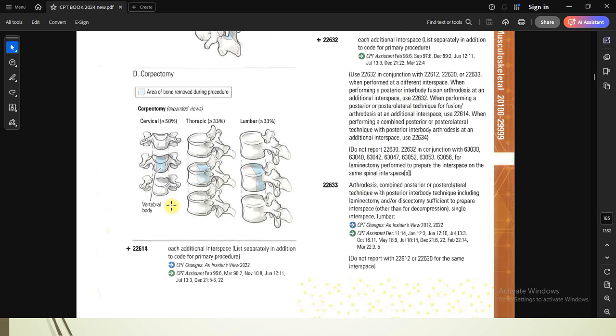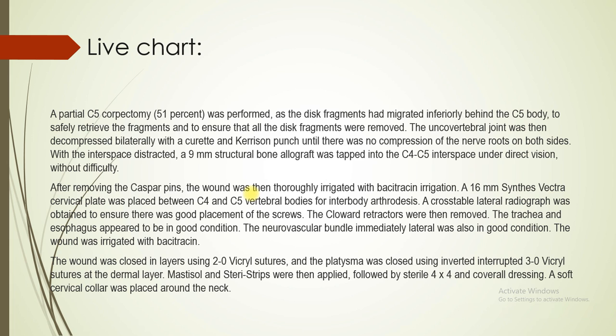So we will not code separately. Yeah, correct. We will not code. Why? Based on CPT, the physician needs to remove greater than 50% of the vertebral body. But I asked you 40%, correct. So that time we will not code corpectomy. So we need to check if it is greater than 50% or not.